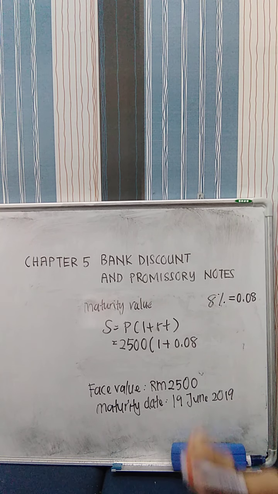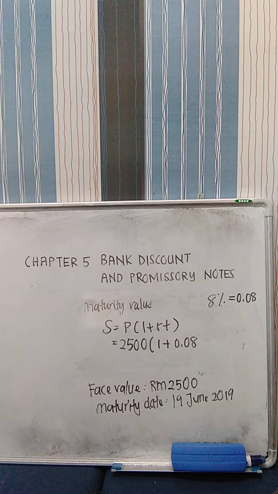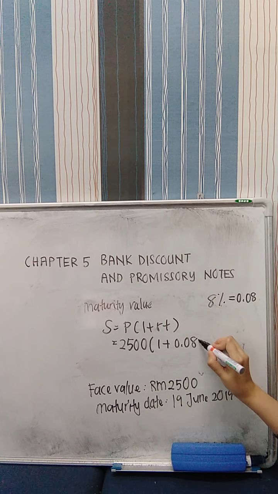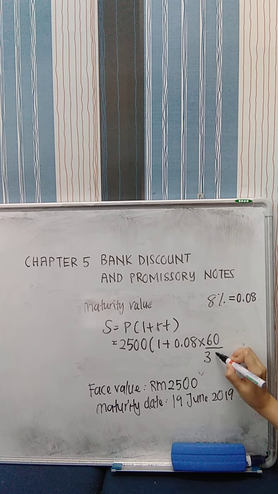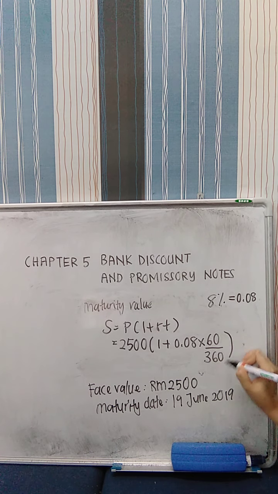And the T is the term. Term must be in years, but in this case it is given in days. How many days? 60 days. So 60 over 360.